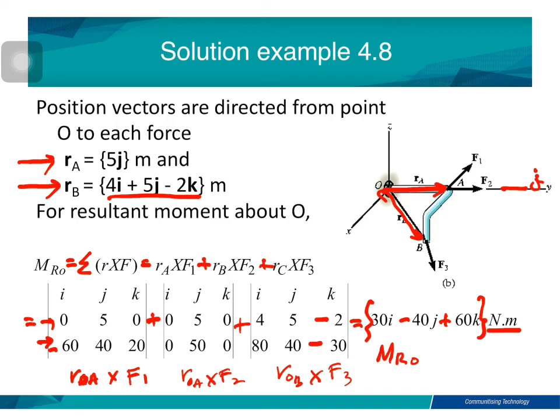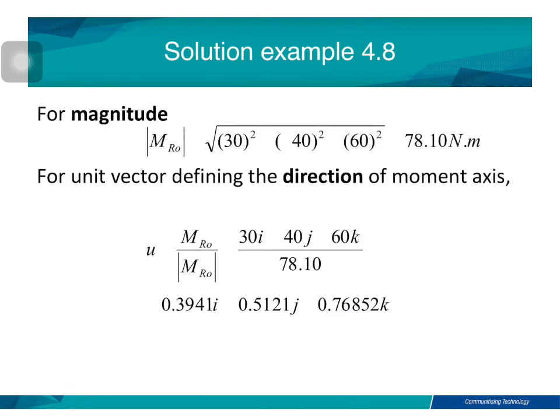The question asks us to get the magnitude and also the coordinate direction angles, so we need to solve that. In order to get the magnitude, as usual, the magnitude is equal to the square root of the I, J and K components squared. So the magnitude of the moment resultant is equal to 78.10 Newton meter.